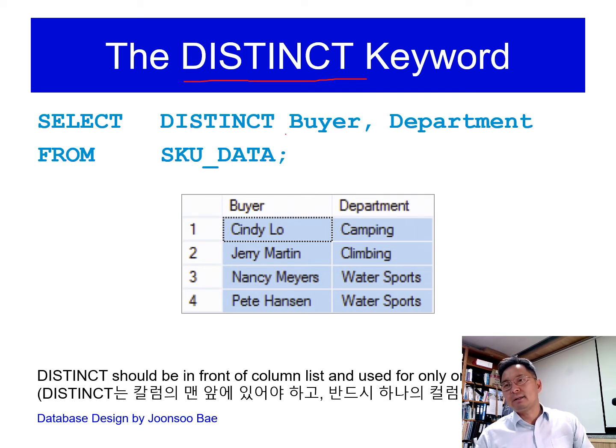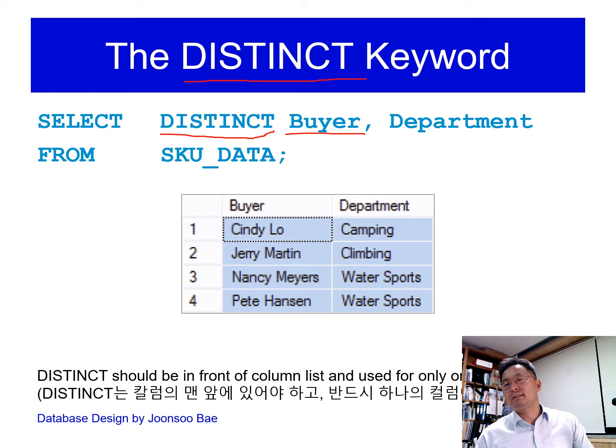Select buyer is the column name. Before that, you can specify the distinct keyword. Then the result will generate only non-duplicate data.